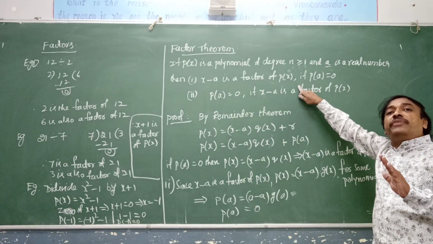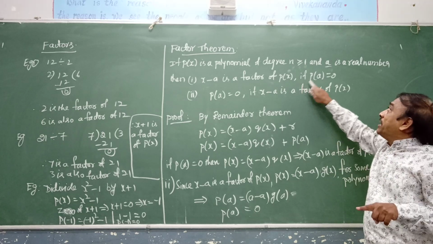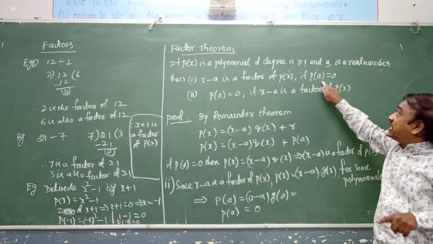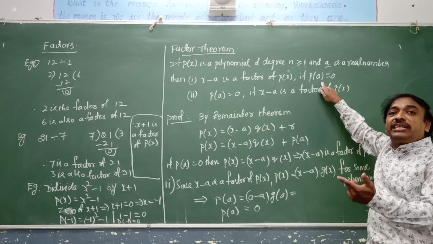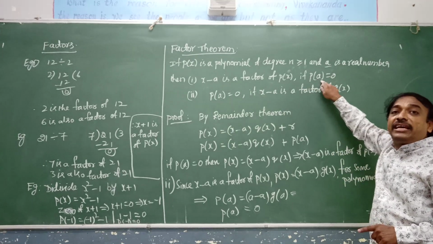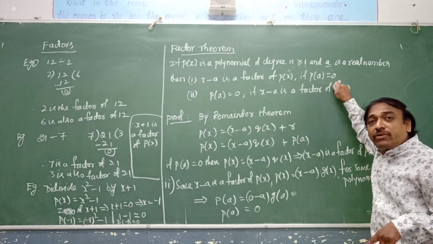Factor means the remainder will be equal to 0. According to the remainder theorem, p of a is the remainder. p of a is equal to 0. When will it be equal to 0?